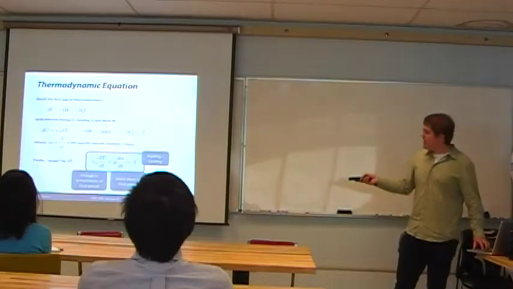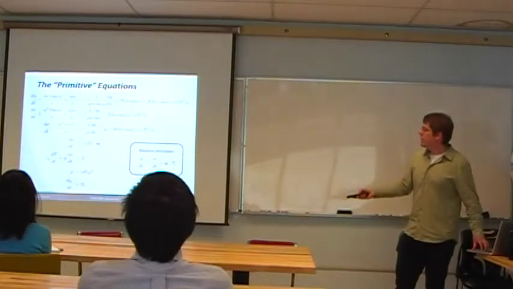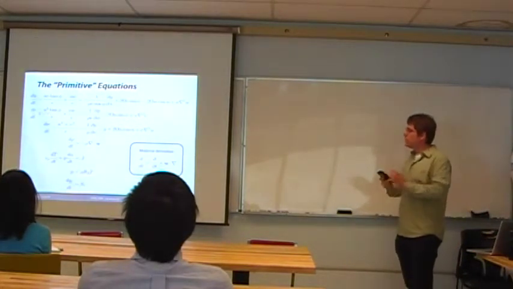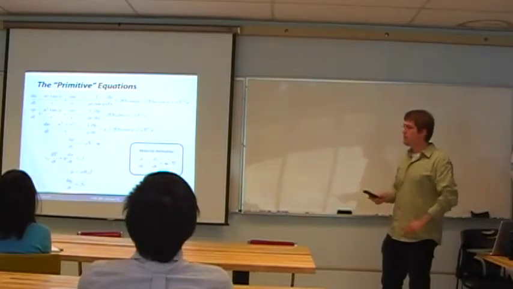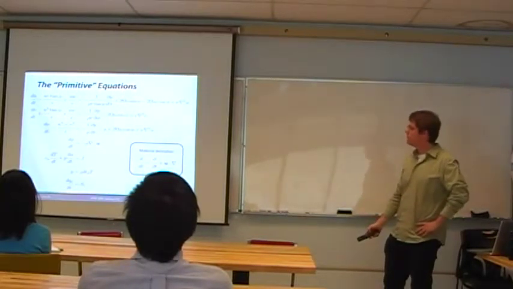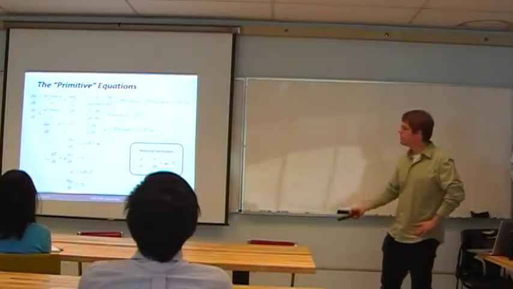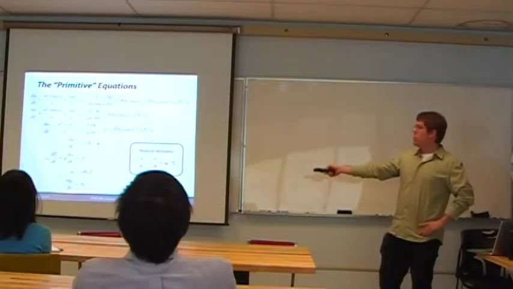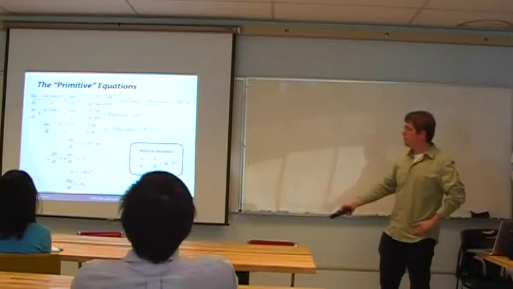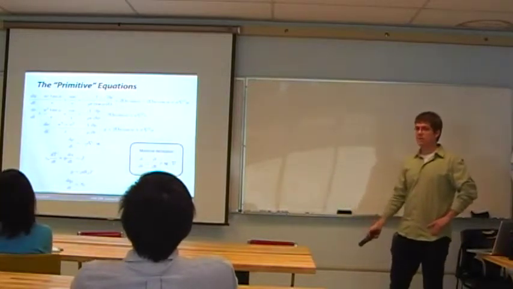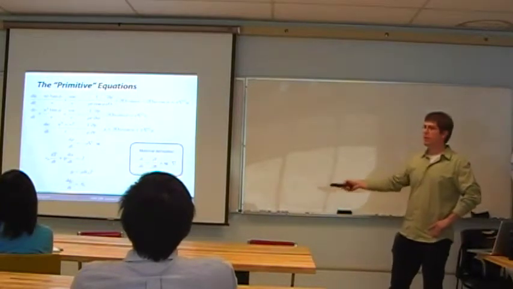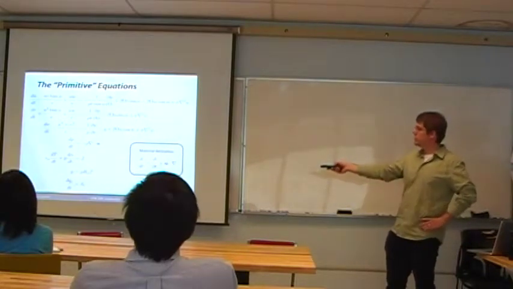So the full set of equations, taking into account the thermodynamic equations, the full primitive equations which describe fluid flow in the atmosphere, are given by these three expressions for the evolution of the velocity field. The continuity equation, which describes conservation of mass. So whenever I talk about continuity equation, assume it's equivalent to conservation of mass.